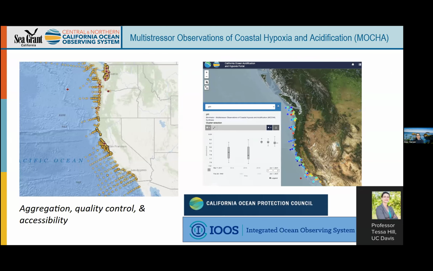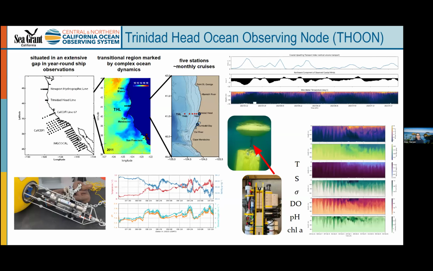We worked with collaborators like Dr. Tessa Hill from UC Davis to streamline access to synthesis data sets, such as this multi-stressor observations of coastal hypoxia and acidification, representing over 13 million observations, which are now available in the portal.